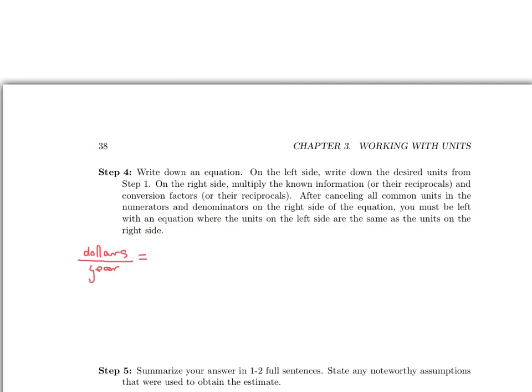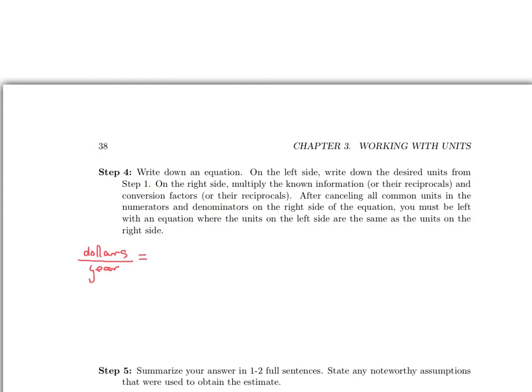Go to steps 2 and 3 and find a fraction that involves dollars. And you'll see that you have a fraction, 100 cents per $1. That's the fraction we'll start with. Now we need dollars in the numerator, but our fraction, 100 cents per $1, has dollars in the denominator.